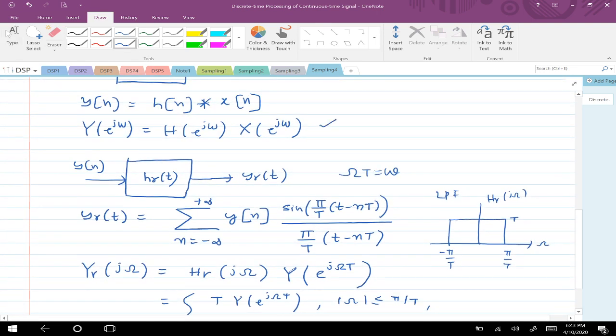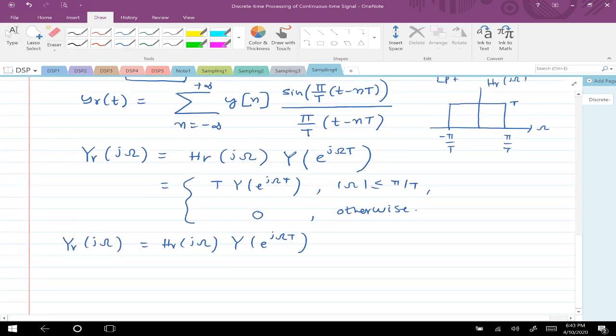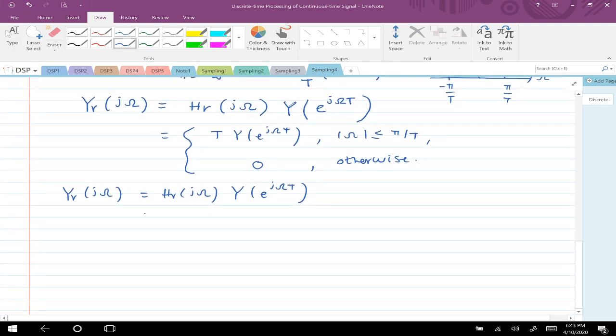You get it from this relationship, with ω = ΩT. So H of e^{jΩT} into X of e^{jΩT}, that's what you could write there. So this is equivalent to H_r(jΩ) multiplied with H of e^{jΩT} times X of e^{jΩT}.